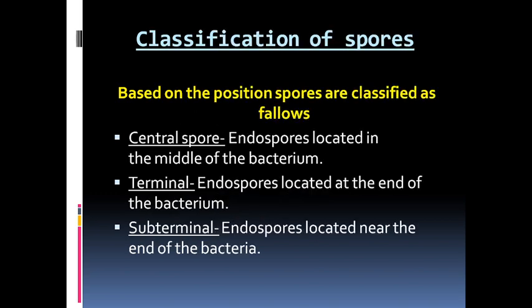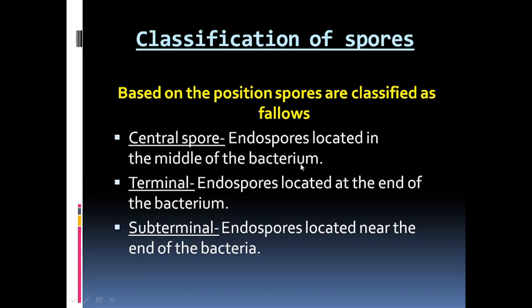Next, moving on to the classification of spores. Based on the position of the spore, the spores are classified as follows. Central spore means the endospore is located in the middle of the bacterium.